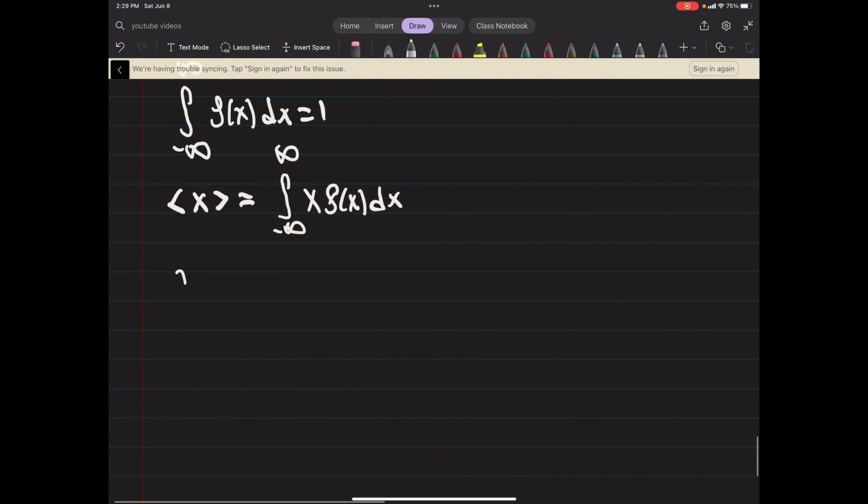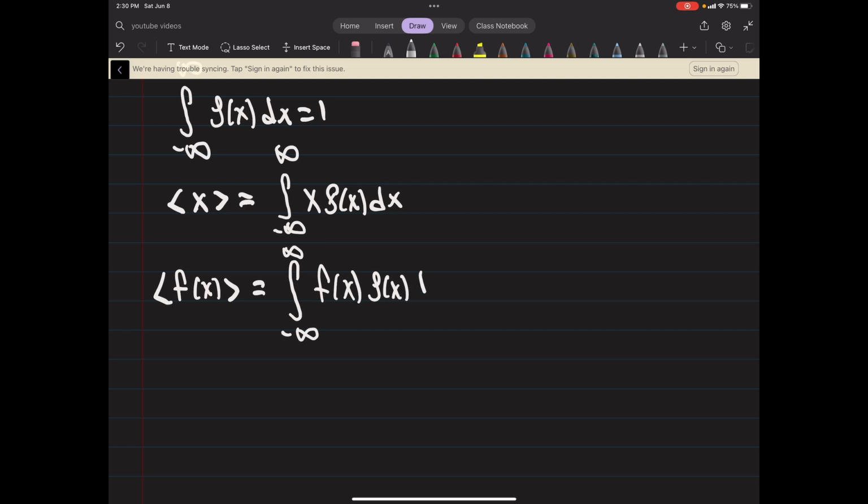And in fact, if you want the expectation value of anything, it's just the integral over that range, whatever our range could be, or from negative infinity to infinity, of f of x, rho of x, dx.